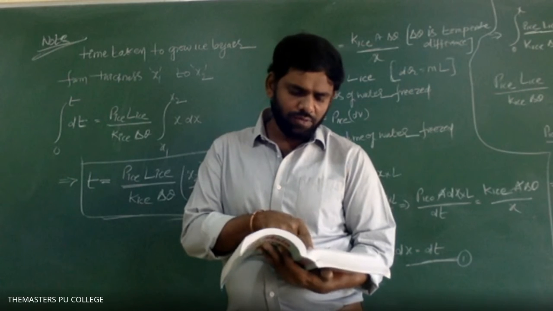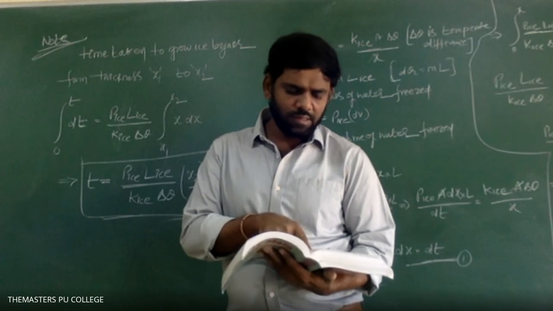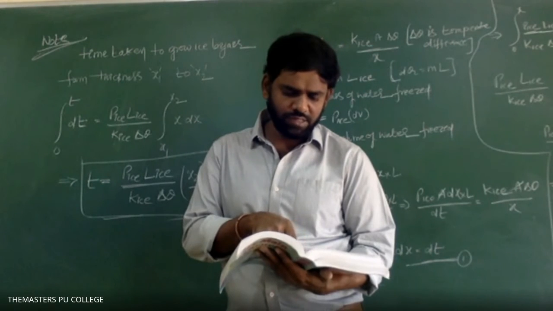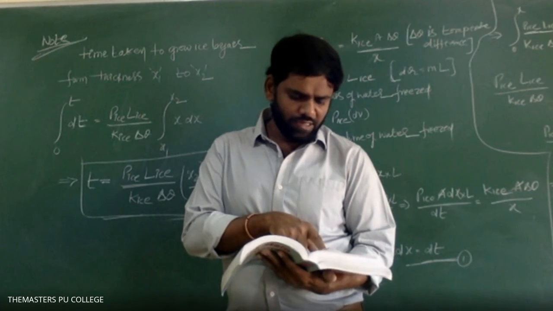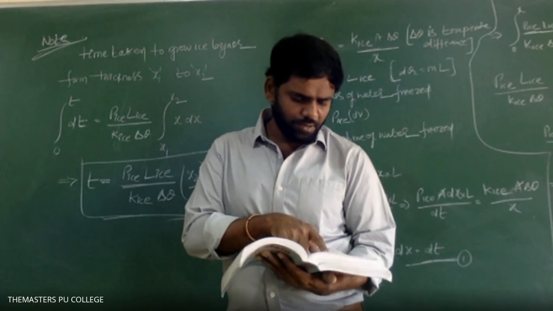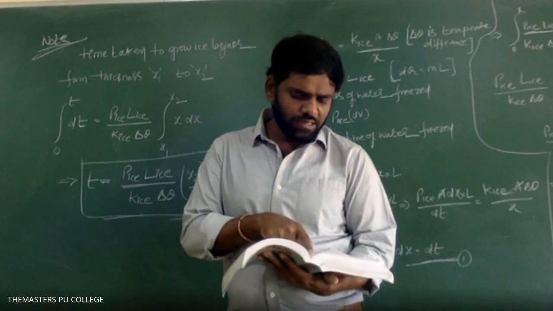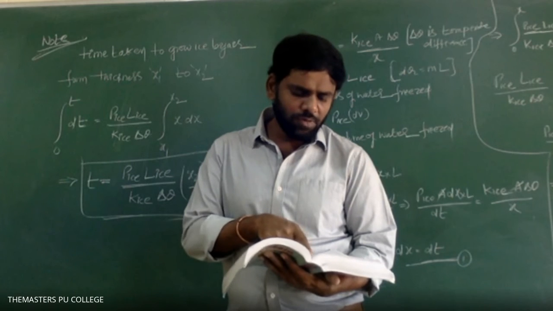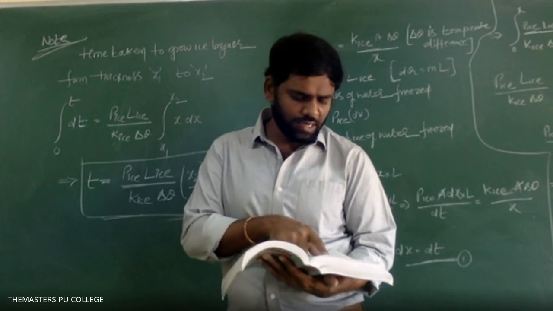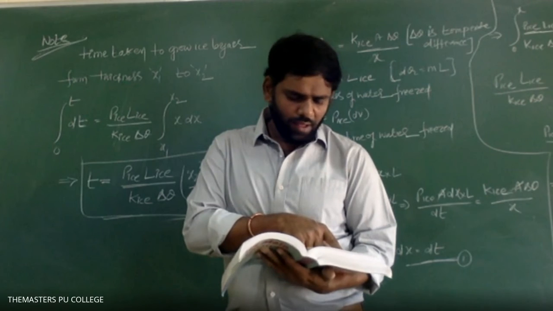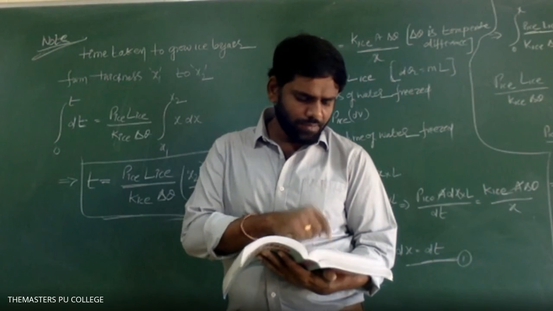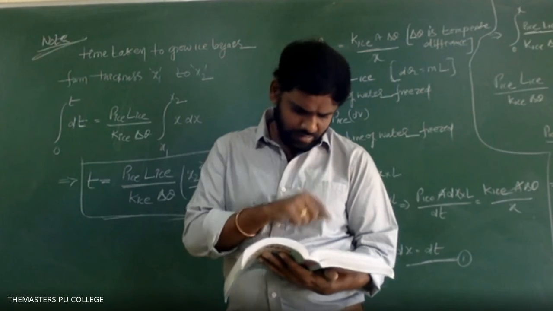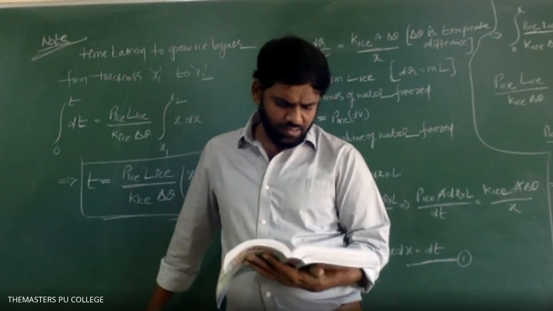The value of K in ice is 0.005 CGS units. The surface temperature is minus 20 degrees centigrade. The density of ice is 0.9 gram per cc. The time taken for the thickness of the ice layer to increase by 1 centimeter is to be found.